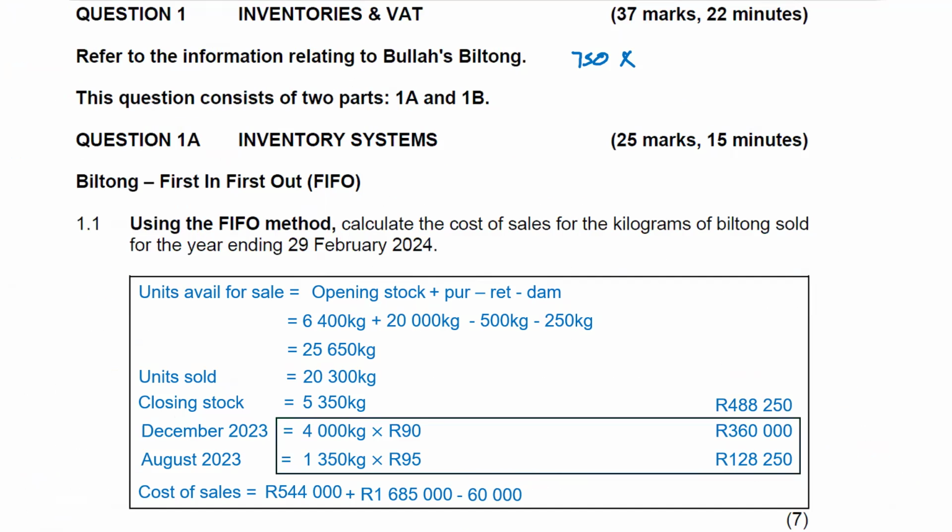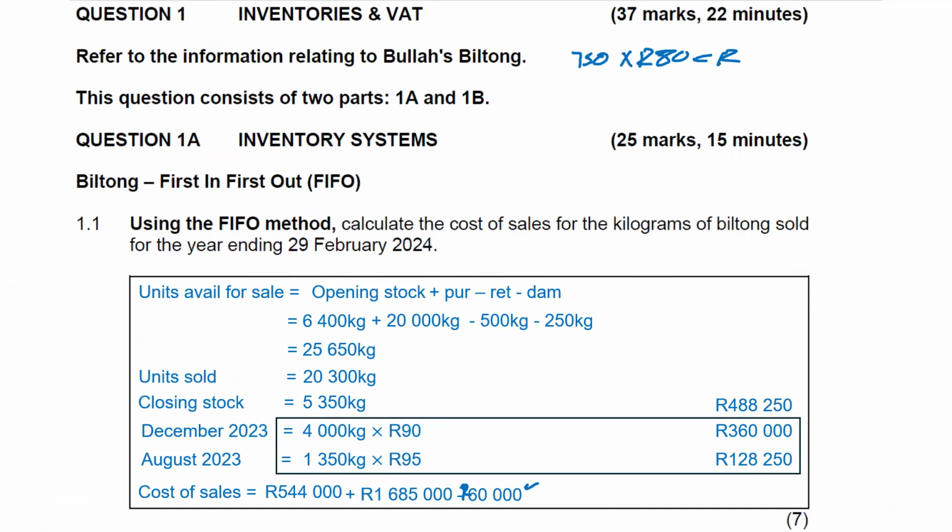Now, when you multiply this by 80 rand, how much are you going to get? Doesn't it give you that? It does, right?